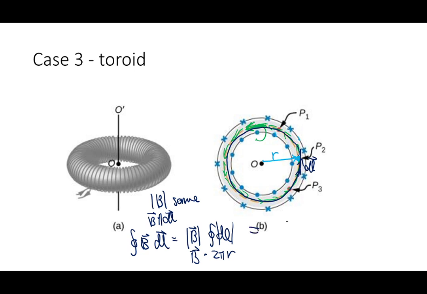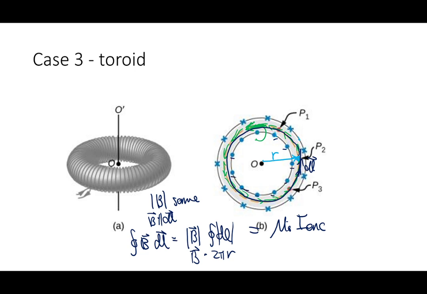That, of course, is all equal to mu naught times I enclosed. The I enclosed here is, in this case, not a fraction of the number of loops. You're inside, you are counting every single loop.